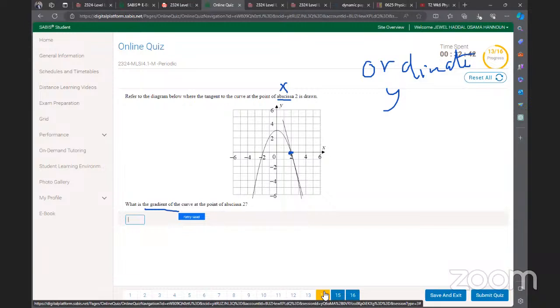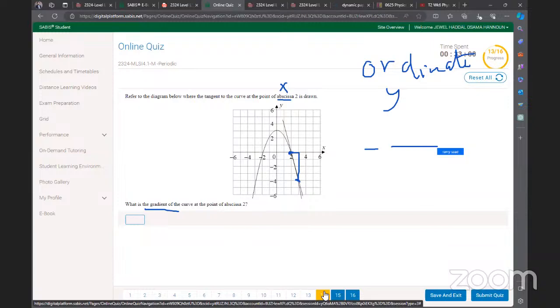Okay, so we have already here this point which is (2, 0), and this is also a very obvious point. And don't forget this line is going down, so that means its gradient will be negative. Okay, negative what? Let's count.